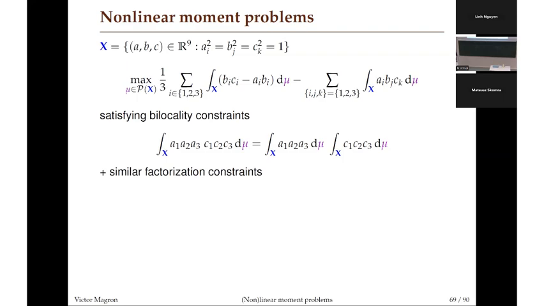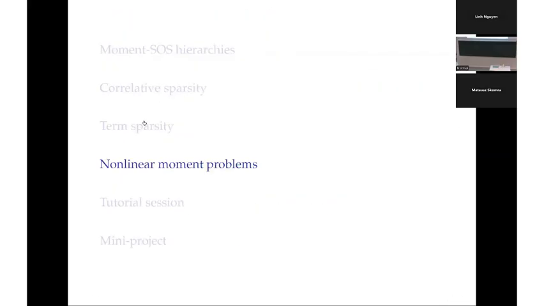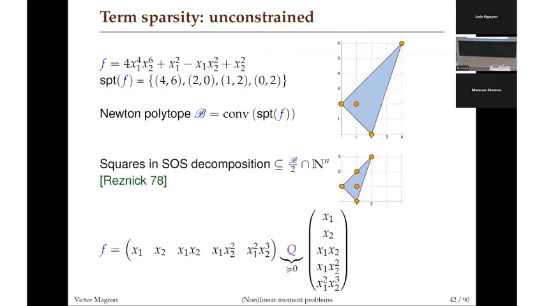It's a Newton polytope. Yes. The objective function. So is there something similar when you have constraints? This is what term sparsity does. What about the sum of squares multipliers? What's the support of it? That's what term sparsity does.